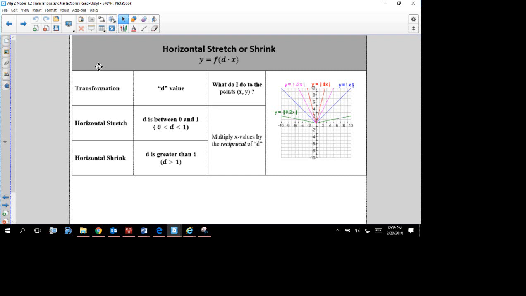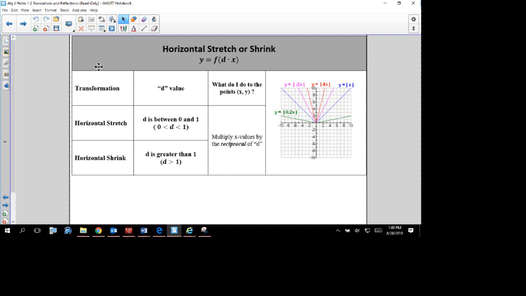So the vertical and the horizontal are completely opposite of each other. Vertical stretch, horizontal shrink, they're the same. Horizontal stretch, vertical shrink. You got to think about those.